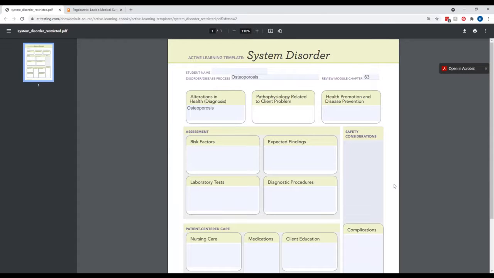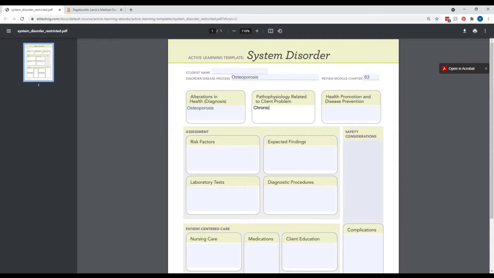What's the pathophysiology that's happening in our client? Soft bones, exactly.